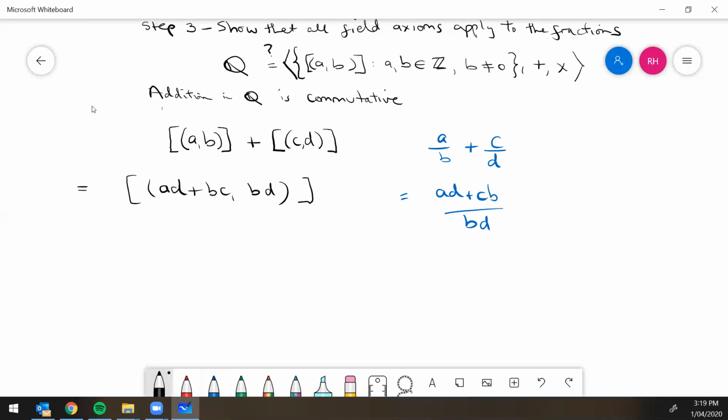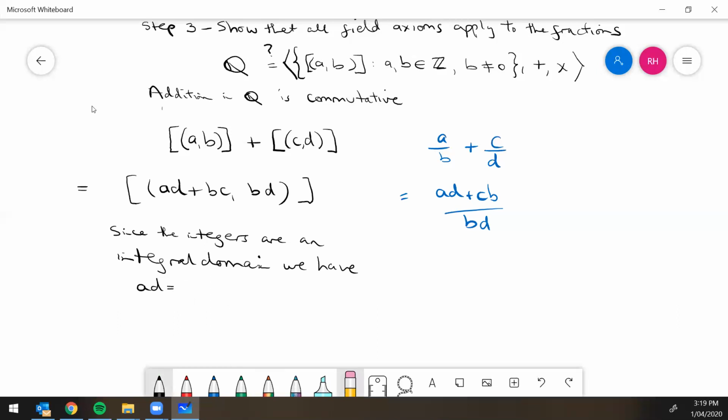So I'll put here, since the integers are an integral domain, we have AD is DA, and BC equals CB.